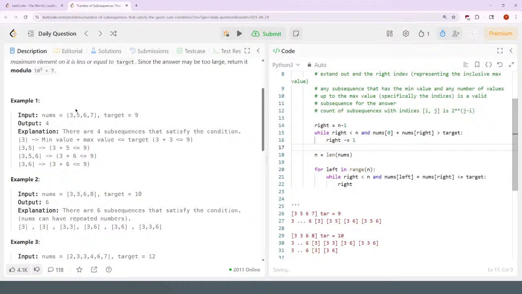So you assume that maybe you have all the subsequences, like 3 all the way to 7 as your bounds. That doesn't work because it's bigger than target when you add 3 and 7, so therefore you go backwards, 3, 6, that works. That stops. So while right is greater than or equal to 0.